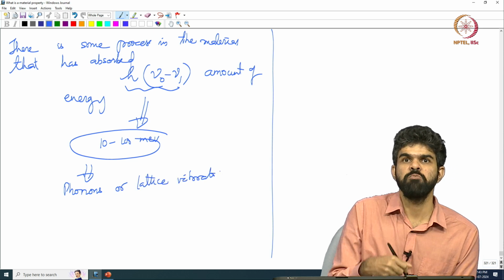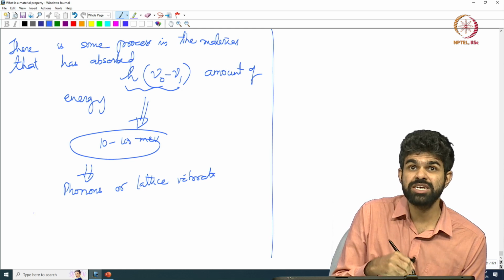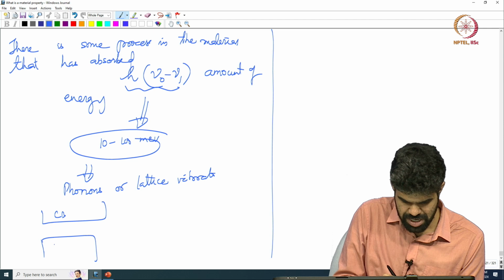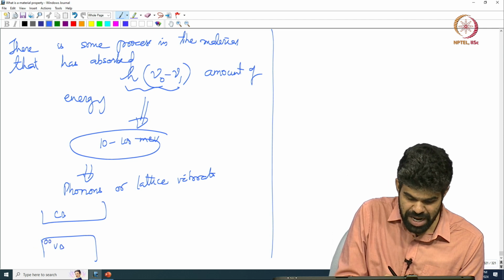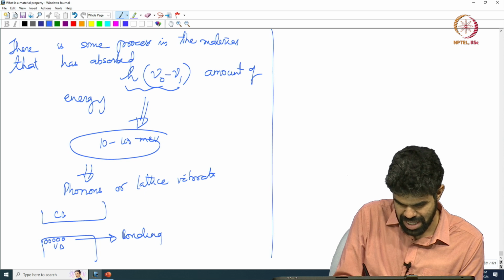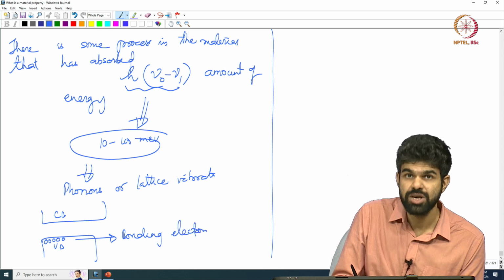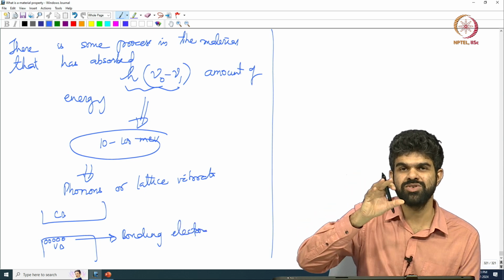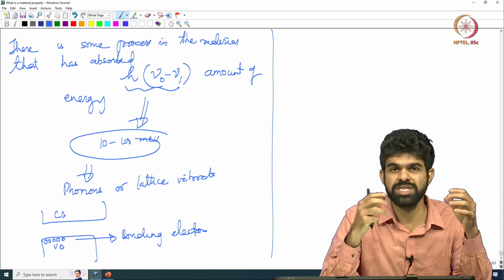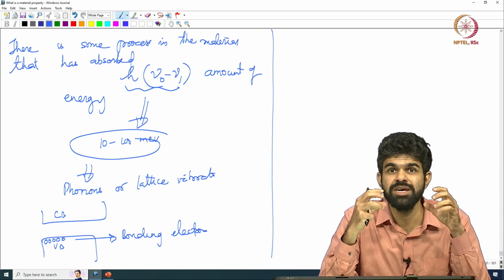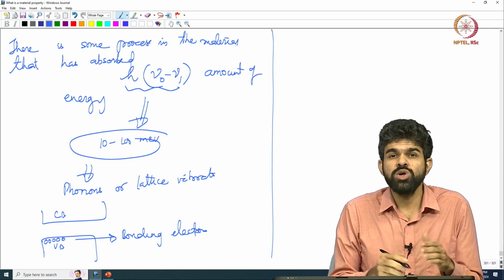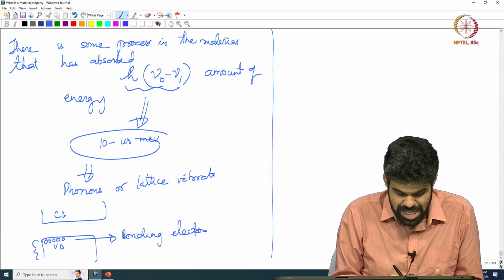Now, again, if I look at the electronic band structure, this is the conduction band, this is the valence band. Valence band has all sorts of bonding electrons, your outermost electrons. You can think of a molecule which is bonded using s orbitals or p orbitals, whatever it is, but the outermost electrons that are used to bond between two atoms, those are the energies that I am describing in the valence band.